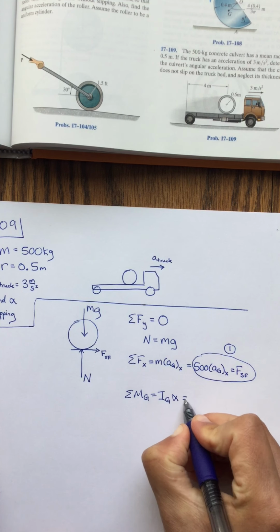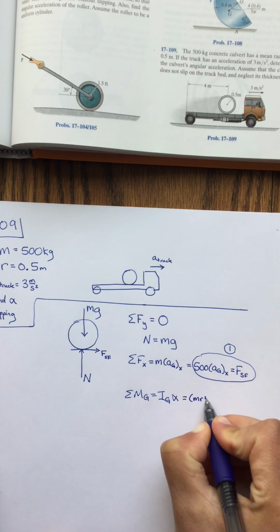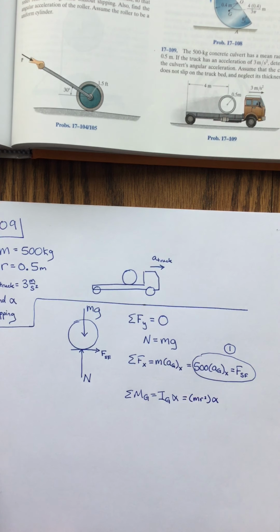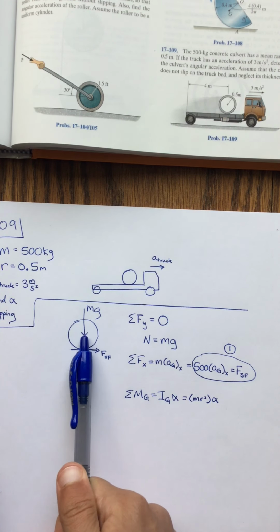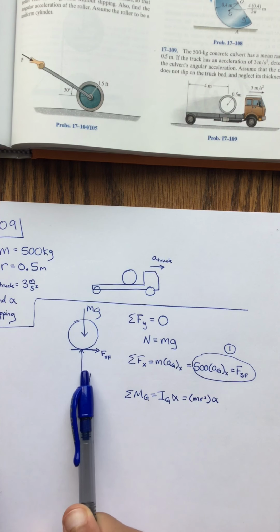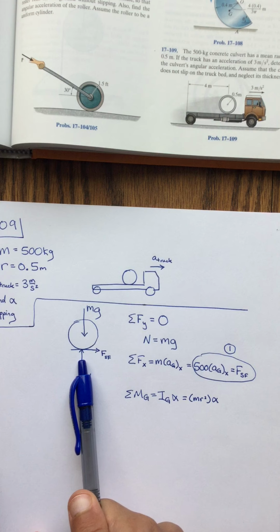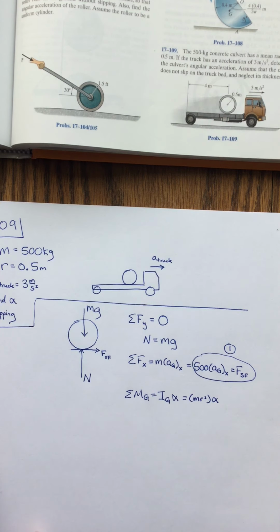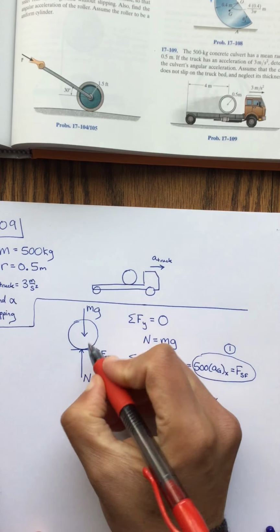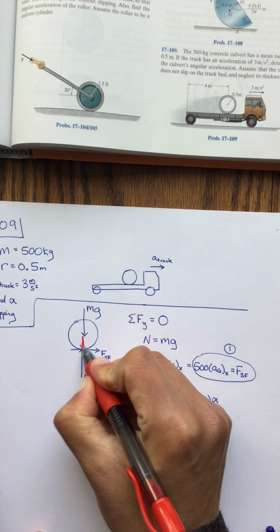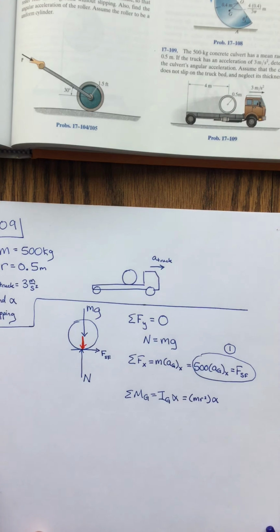So this is mr squared times the angular acceleration. And for the sum of the moments about point G, I'm going to get 0 for the force of gravity. The normal force, when I do the cross product of the vector r, which goes from the mass center to the normal force, gives me 0.